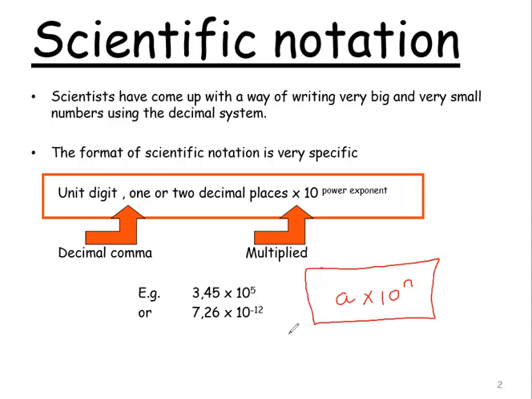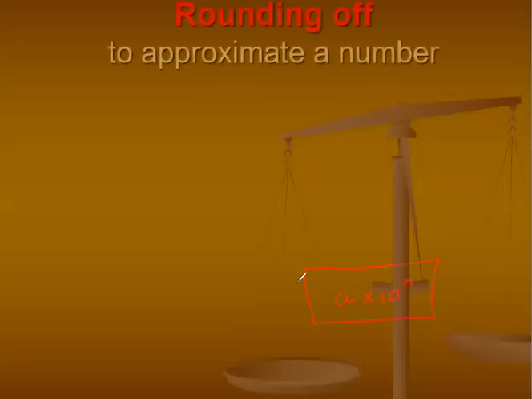That's scientific notation, and we make sure that our number a has at least one unit and two decimals. Now let's look at rounding off in scientific notation.